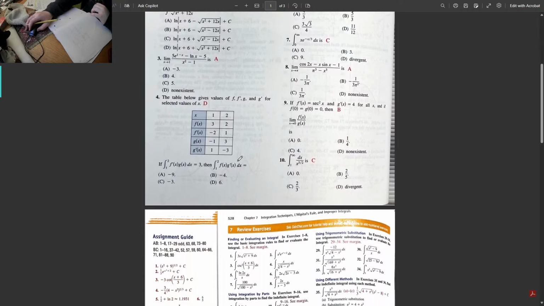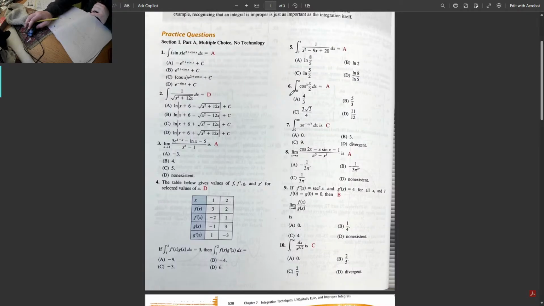Okay, number 5. The integral from 0 to 3 of 1 over x squared minus 9x plus 20. Let's see here. The value of 3 would be x squared, 9 minus 27 plus 20.